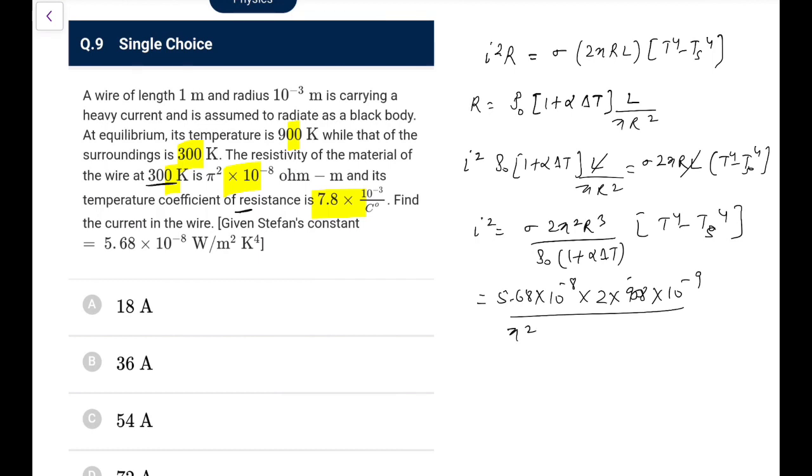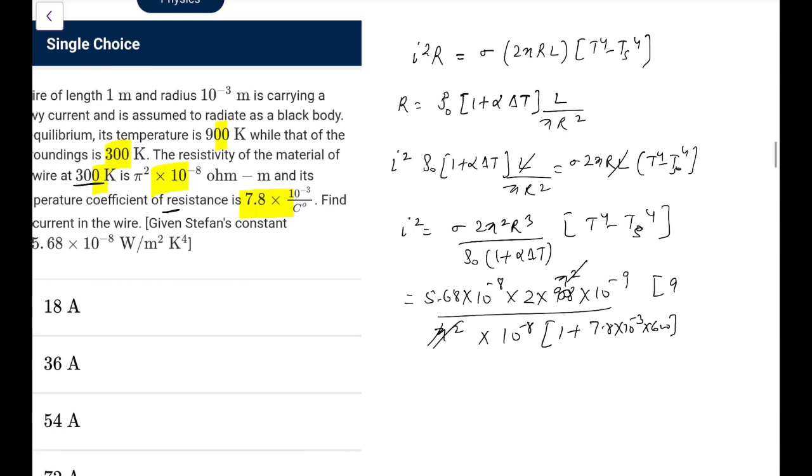Pi square into 10 to the power minus 8, 1 plus alpha, that is 7.8 into 10 to the power minus 3 into 600, and 900 to the power 4, absolute temperature already given, minus 300 to the power 4. It's definitely not an easy calculation, so I'm solving it on the calculator. It really comes out closer to 36 amperes.